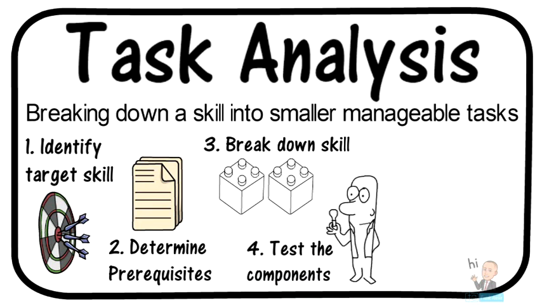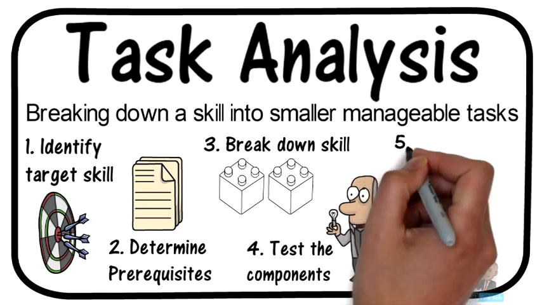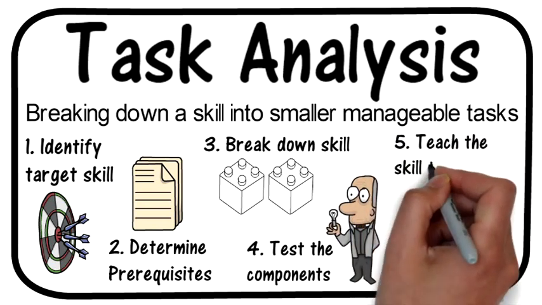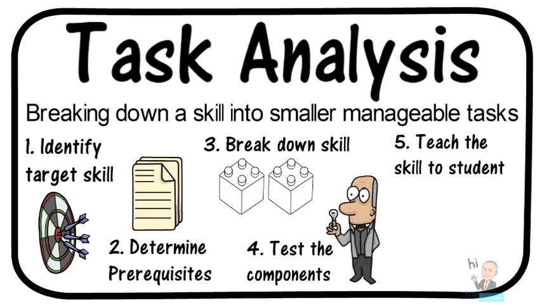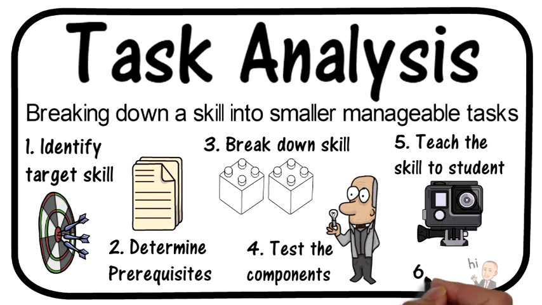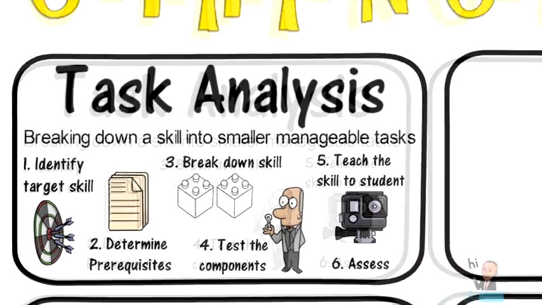Once you have identified all the components, you test them to see that the task is achieved, and eventually you teach the skill to the student following all these components, and then it becomes mastering the task. At last, you assess the child.